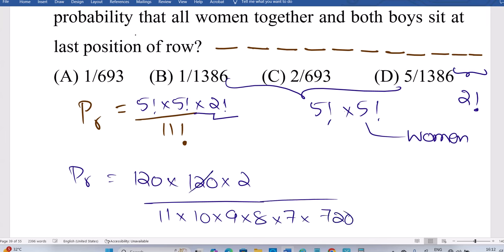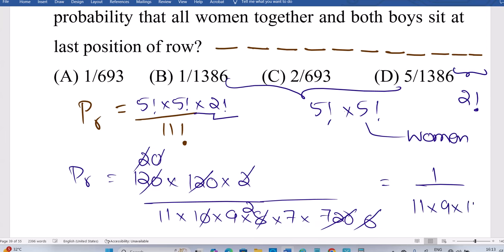So 720 cancels with 120 times 6, this 0 cancels, 2 into 2, 4, 4 2 times. So finally, I am left in the denominator with 11 into 9 into 14. 99 multiplied by 14, which is 1386. So option B. Option B is my answer.